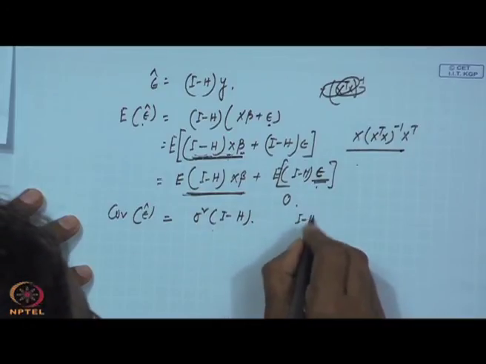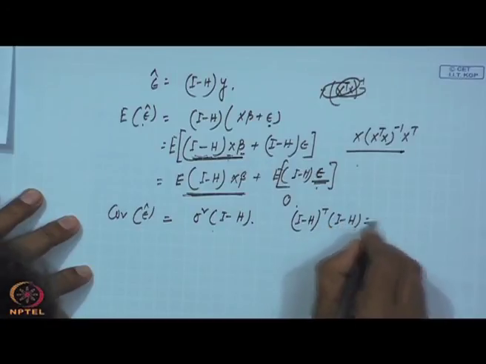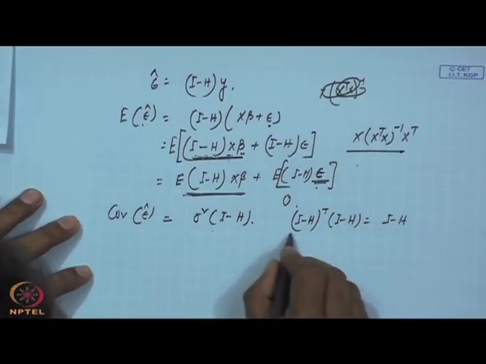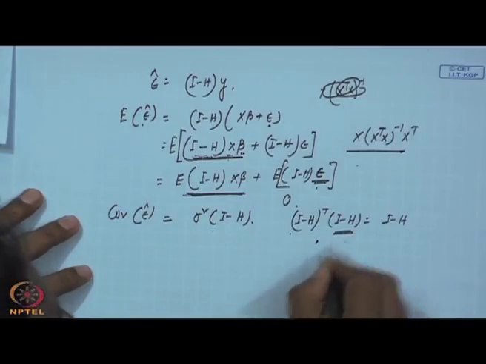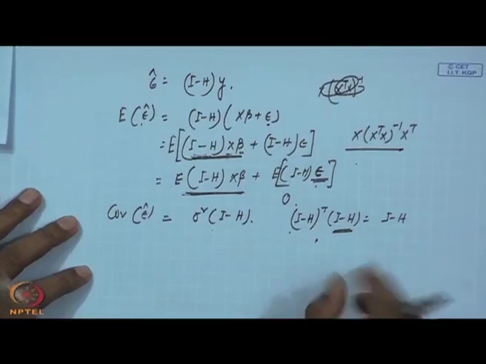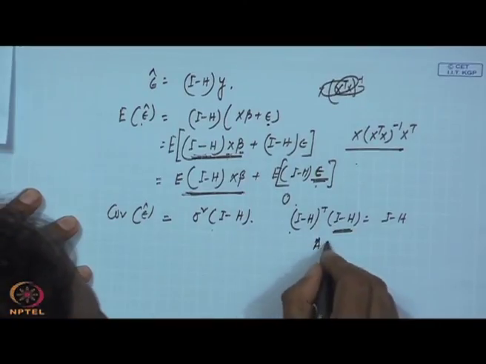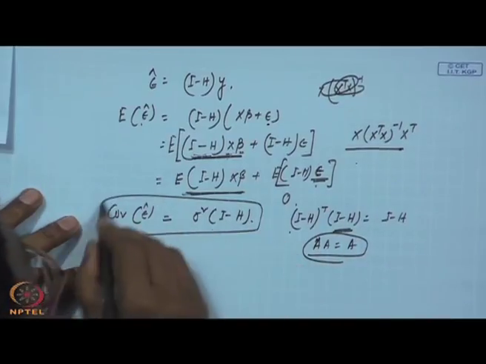I minus h transpose I minus h will become I minus h only, because of the property of this I minus h: it is an idempotent matrix, that is, A into A equals A. So, the resultant value will be this.